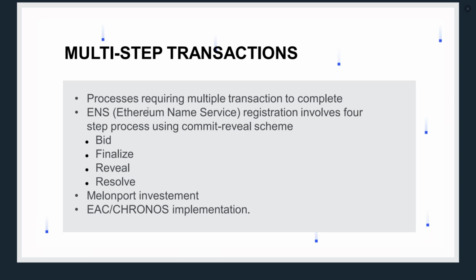So yeah, another use case or another scenario is the Melon Pot investment, which is the Melon fund, which is also a multi-step transaction. It's a multi-step process. You have to set up the fund in about 2 or 3 steps.